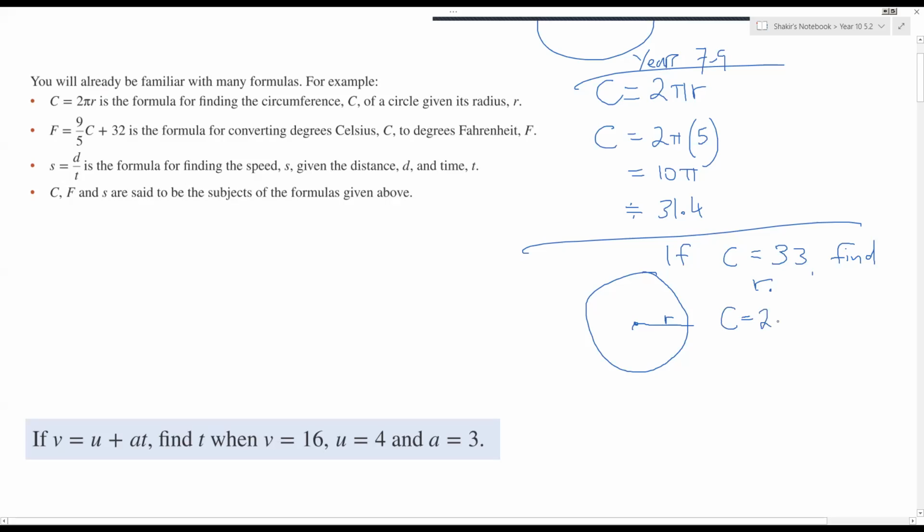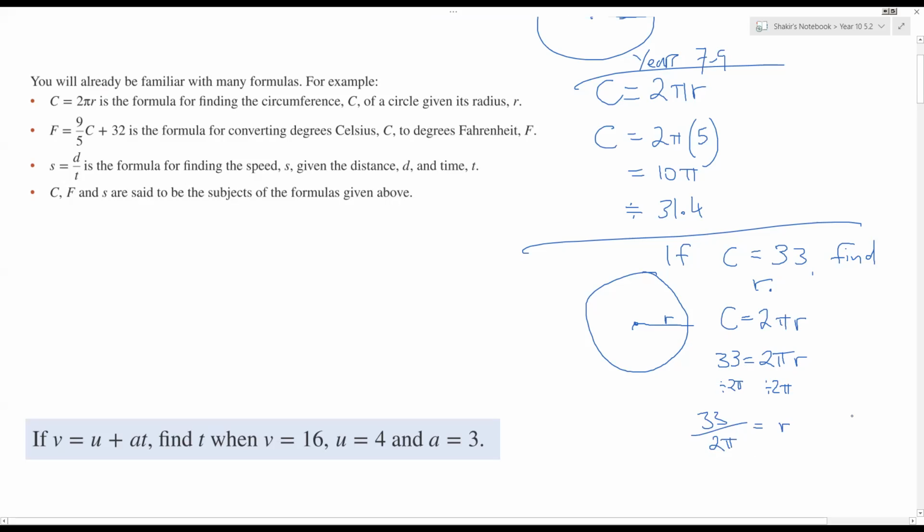So C equals 2 pi r as before, but now you know C, so 33 equals 2 times pi times r, and we need to find r. You have to rearrange this equation. You divide both sides by 2 pi, and you're left with r is equal to 33 over 2 pi. And you put that in the calculator and you get r.